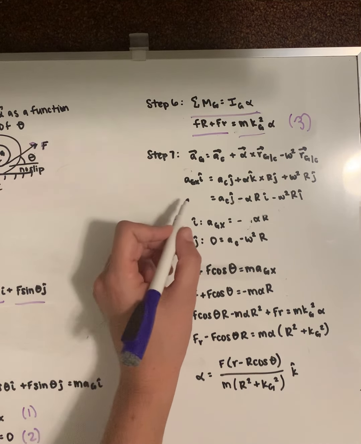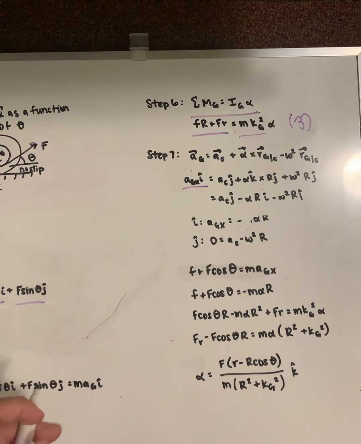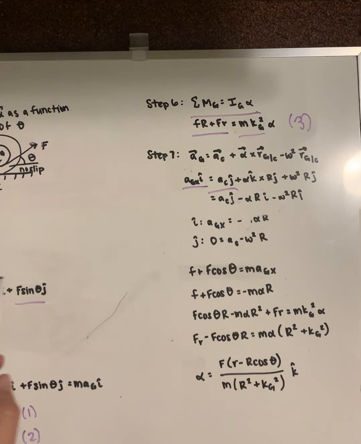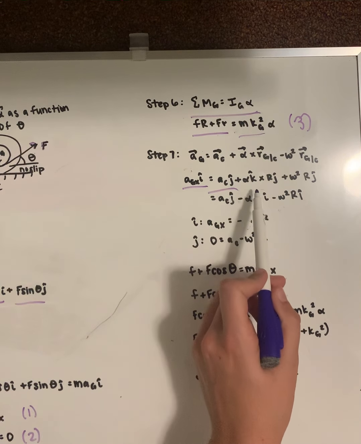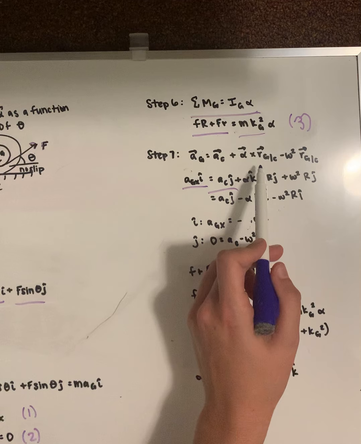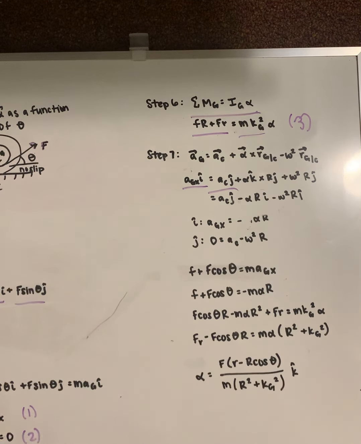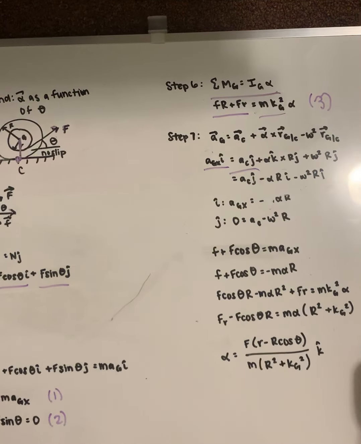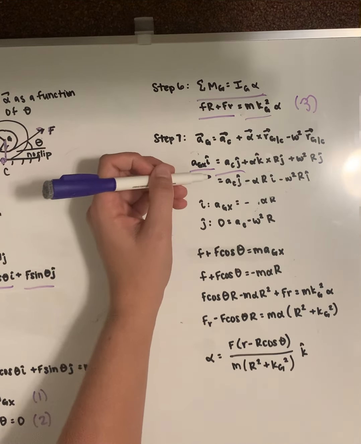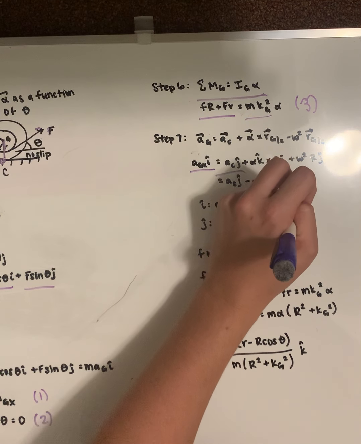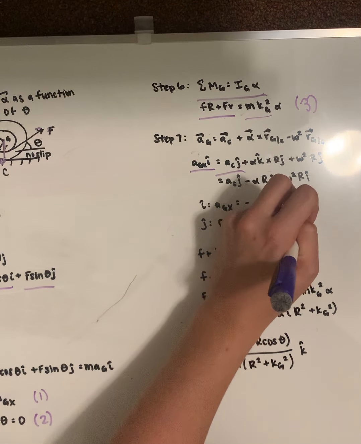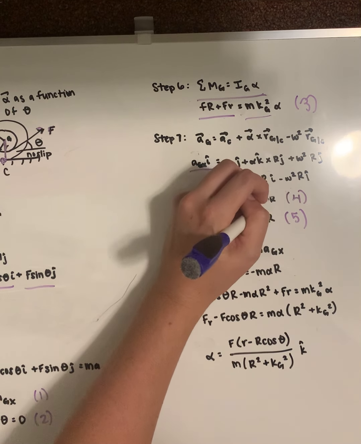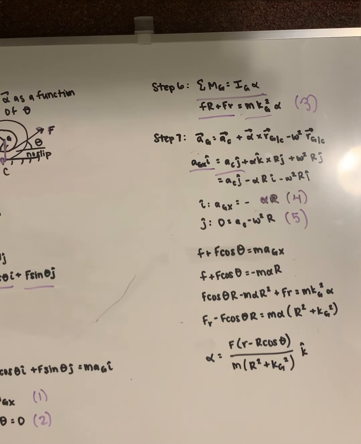Plugging in for these, we know the acceleration at the center of gravity, and as I just stated, we know the acceleration at C. So we just need to do the cross product of the angular acceleration times the position vector from G to C, which we see here is just simply big R. And then solving for that, we will get equations 4 and 5 when we split that into i and j components. This equation here is kind of hard to see, but it's just that there.